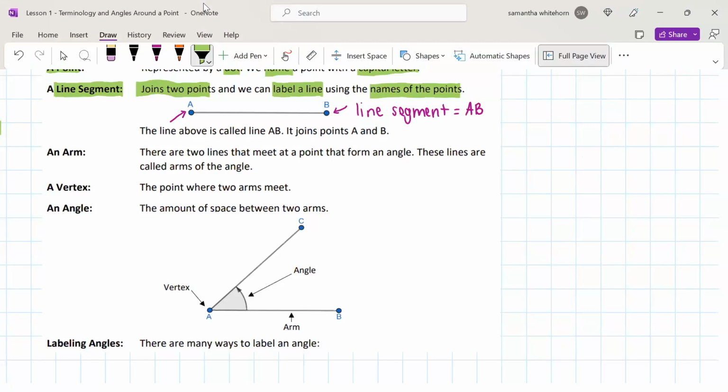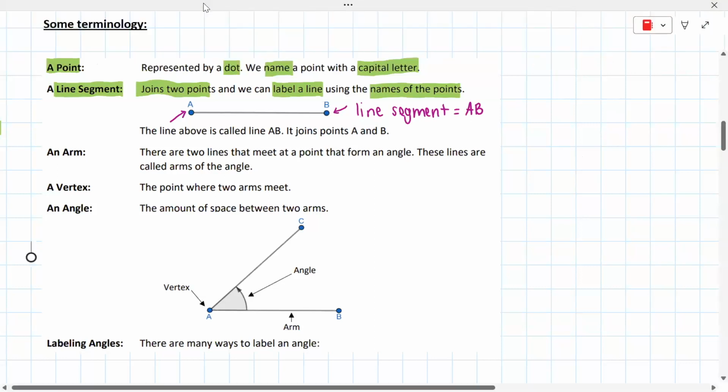Then we start getting into the more complex areas of our geometry, whereby we are going to work a lot with angles and determining the sizes of angles. Angles are going to be very important in our geometry section. Importantly, an angle is created using arms. Arms are basically line segments.